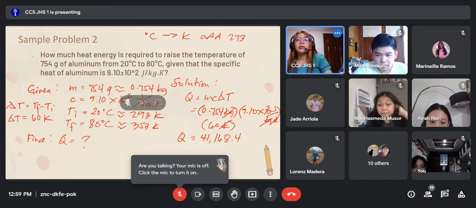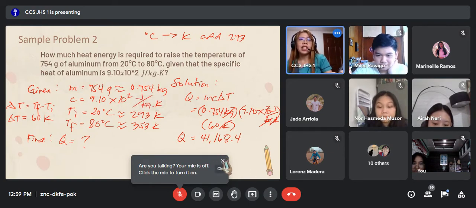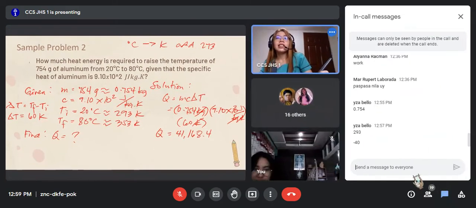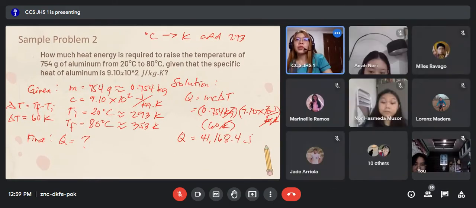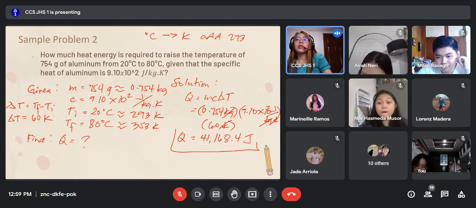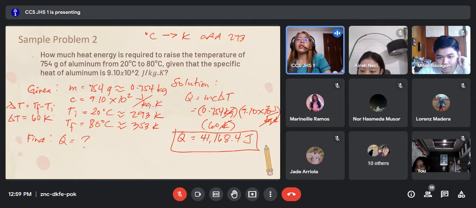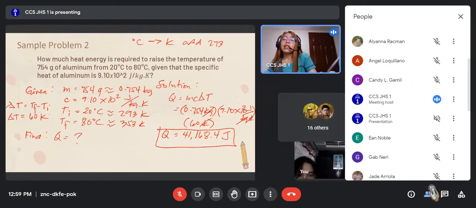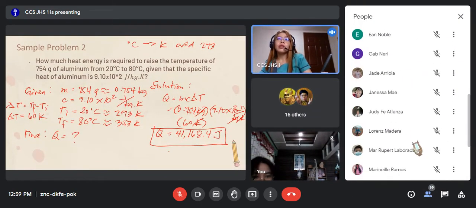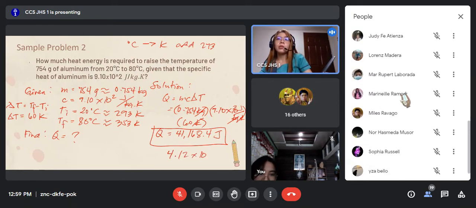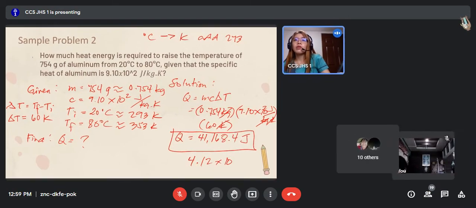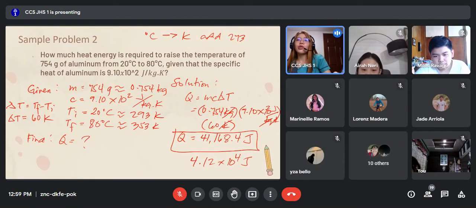The unit of heat: joules. Okay, joules. So this will be our final answer: 41,168.4 joules. You can answer it in scientific notation: 4.12 times 10 to the power of 4, moving the decimal 1, 2, 3, 4 places. But it can also be 41,168.4.